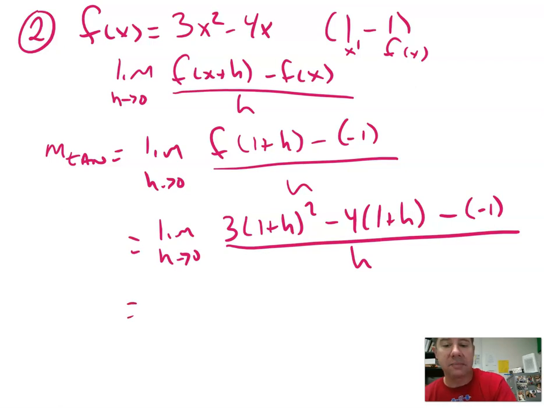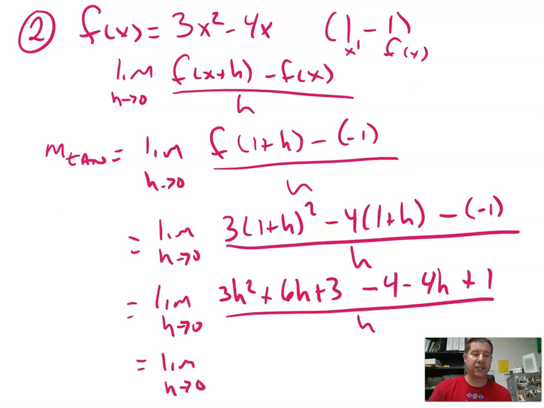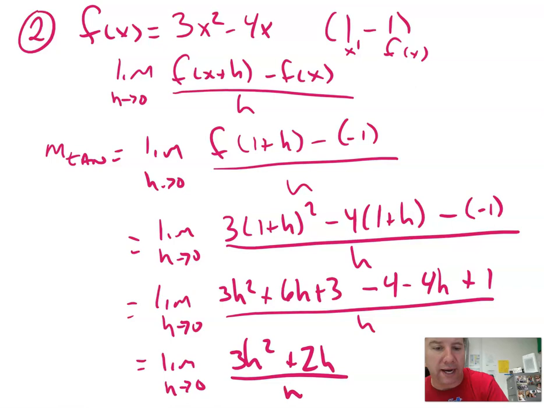And I need to simplify this. Okay, so simplify it out. I get 3h squared plus 6h plus 3 minus 4 minus 4h plus 1 all over h. And if I simplify that some more, I get 3h squared plus 2h all over h.